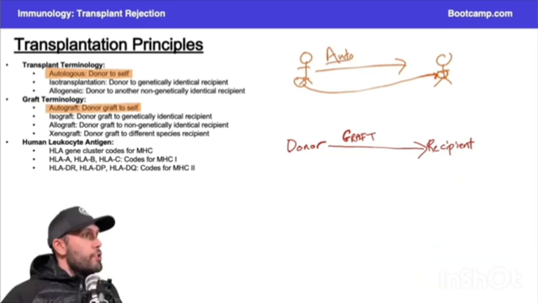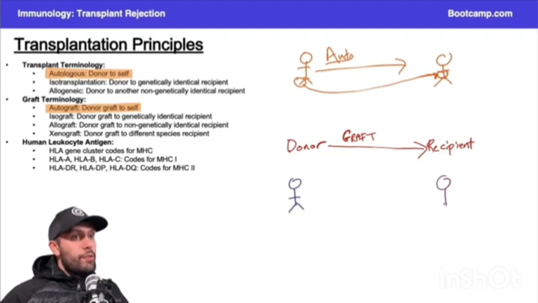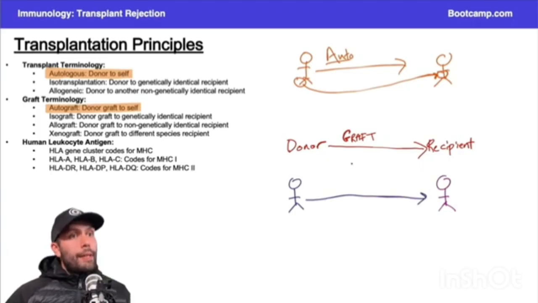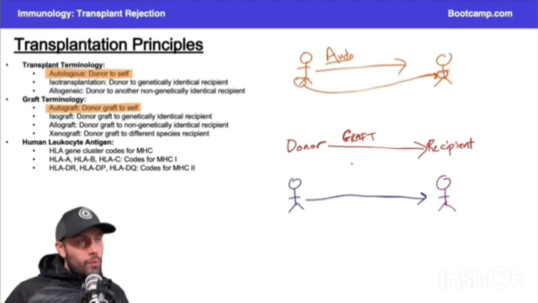All right, so the next situation, let's say that I have a patient that's donating a kidney to another patient. Okay, so here's my patient one. They're donating a kidney to another patient. Okay, so here's a different patient and they're donating their kidney, right? That's the graft. It's going to this patient. Okay, now because we have two different patients here, unless they're genetically identical, there's going to be some differences in their HLA antigens, which I'll talk about in a second.